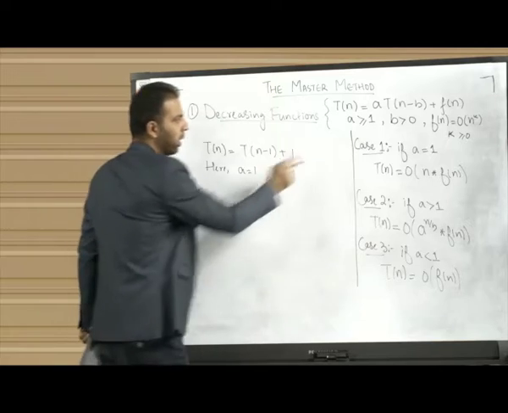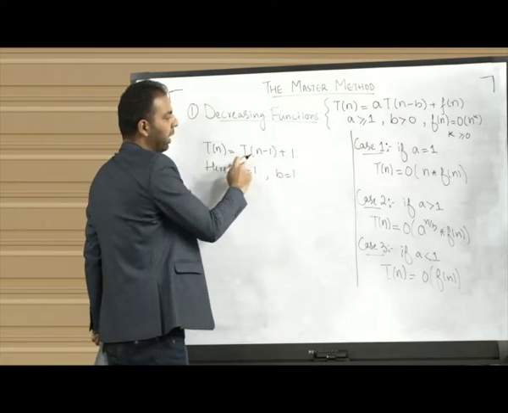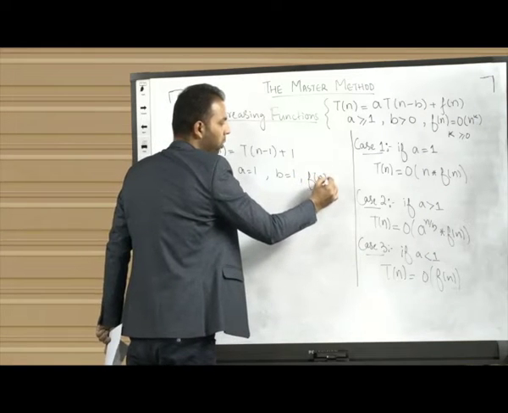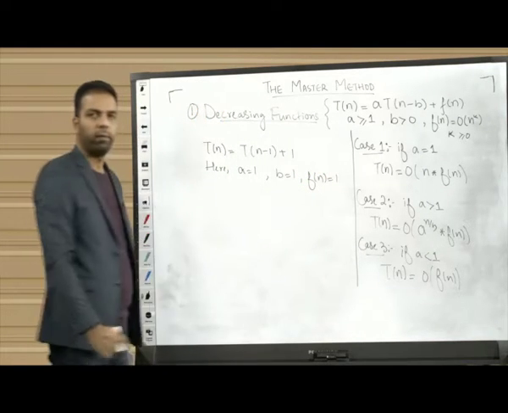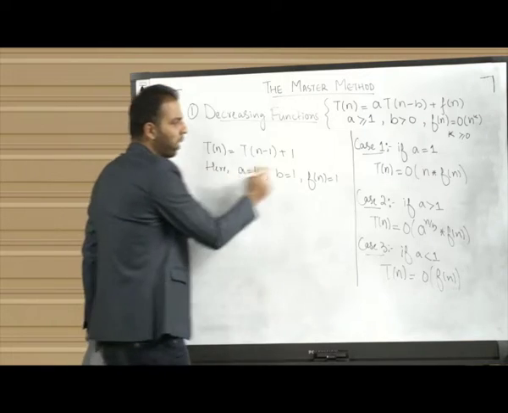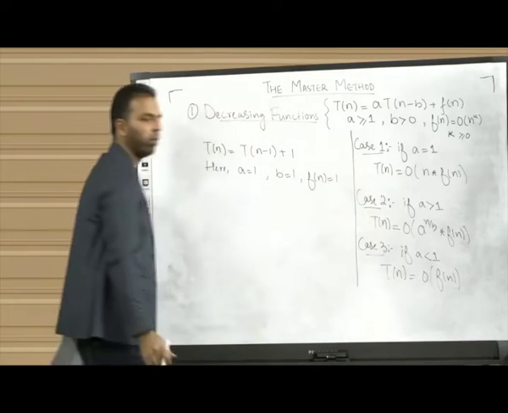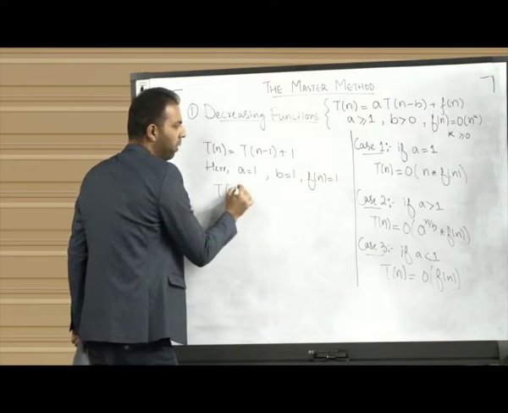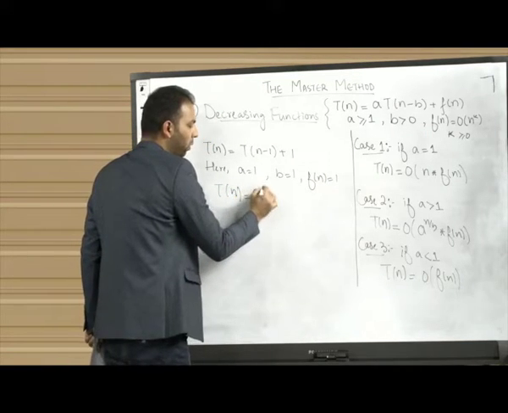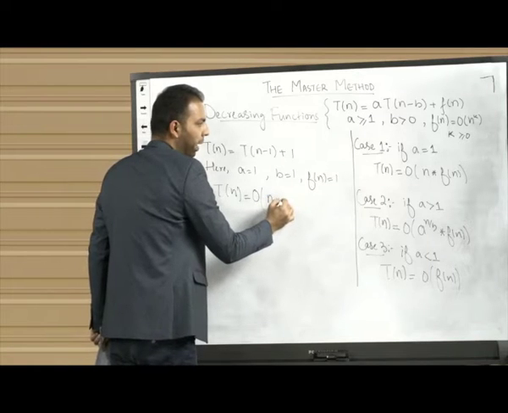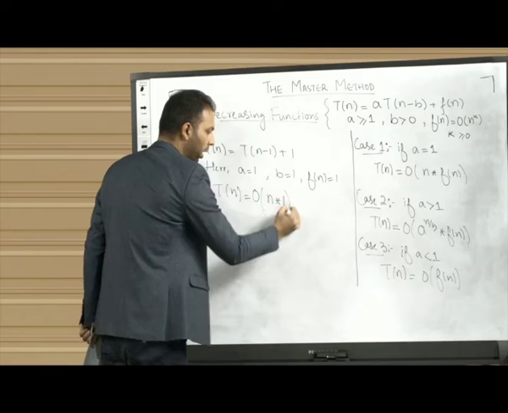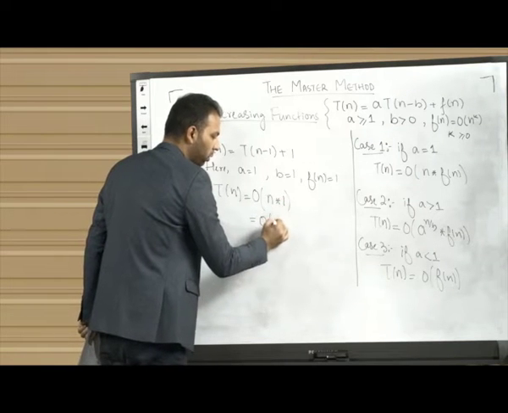It is 1 T(n minus 1), B is 1, and your f(n) is also equal to 1. So when A is 1, which case is it? It is first case. So T(n) will be simply equal to order of n multiplied by whatever your f(n) is. F(n) is 1. So it is order of n.